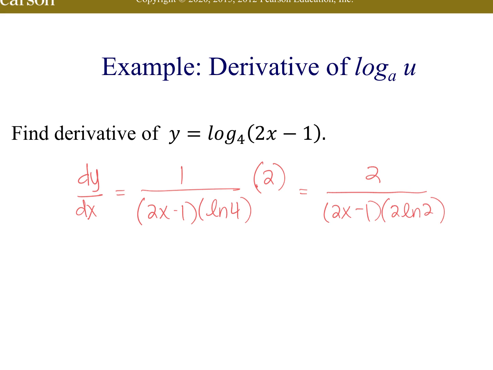Is that necessary? Yes, because I can take that 2 and simplify it. I can reduce because this is a multiplication. So your final answer would simplify to 1 over 2x minus 1 with just plain ln 2 on the end. So yes, you're going to want to simplify that, especially if you're looking for a multiple choice match.